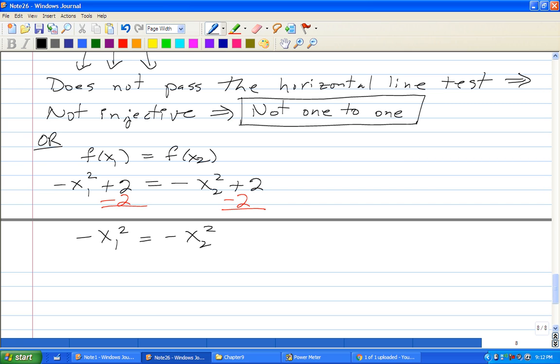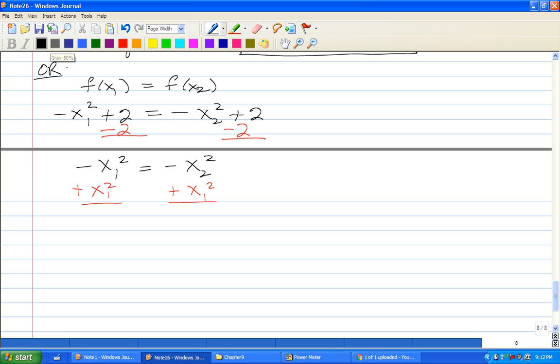Let me bring x1 squared to the other side of my equation. So I get x1 squared minus x2 squared is 0. Well, this is a special product formula, so I can factor this as x1 minus x2 times x1 plus x2. The difference of squares is equal to the product of the sum and difference of two terms.